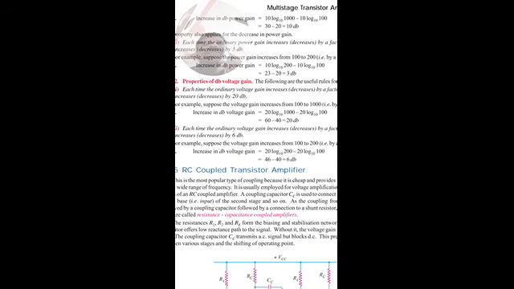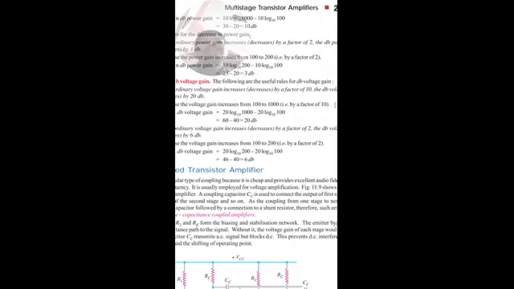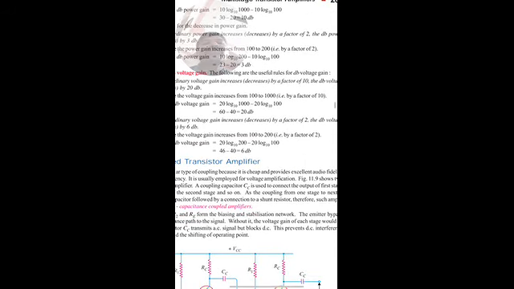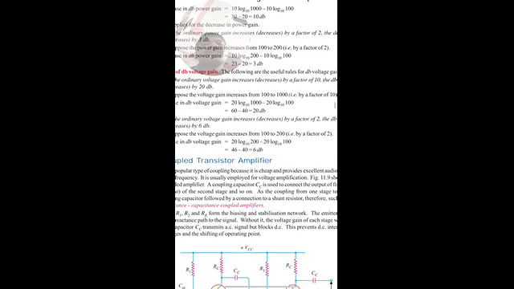Each time the ordinary voltage gain increases or decreases by a factor of 2, the dB voltage gain changes by 6 dB. For example, the voltage gain increases from 100 to 200 by a factor of 2: 20 log of 200 minus 20 log of 100 is 6 dB.